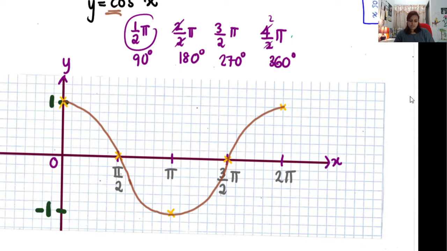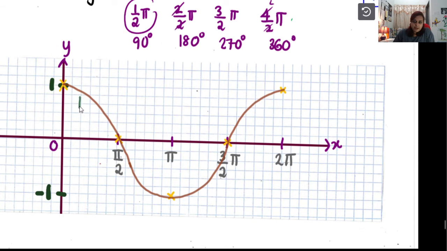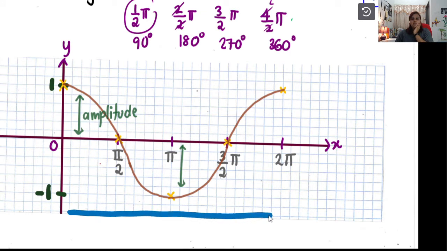But before I go to the next tangent graph, which one will be the amplitude? This part, the height here. This one, negative 1. These are the amplitudes. The cycle is the entire from here all the way to here.